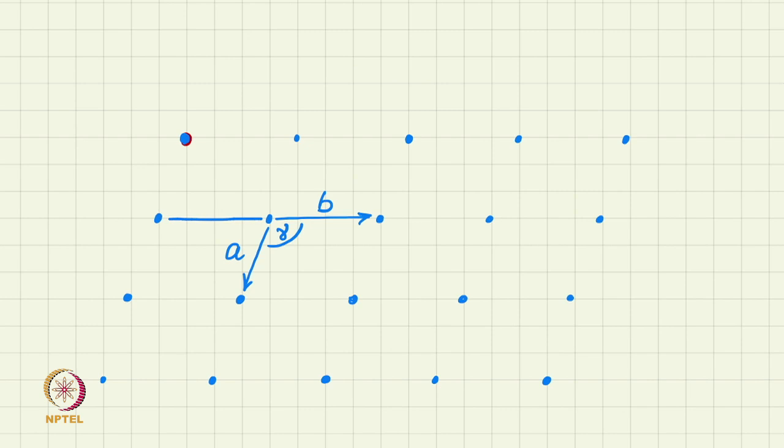You can see that if you have a translation b, do you not have a translation minus b, and if you have a translation a, do you not have a translation minus a. What is this telling about the symmetry at the lattice point? So, each lattice point automatically becomes a two-fold, even in the most general case.